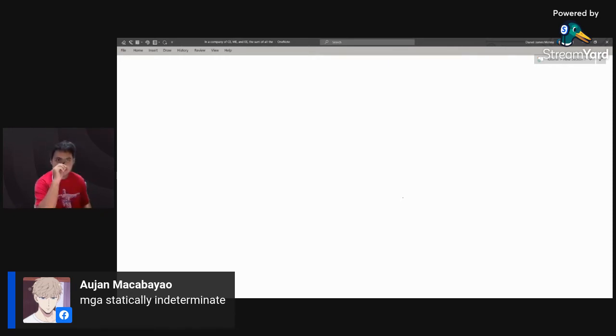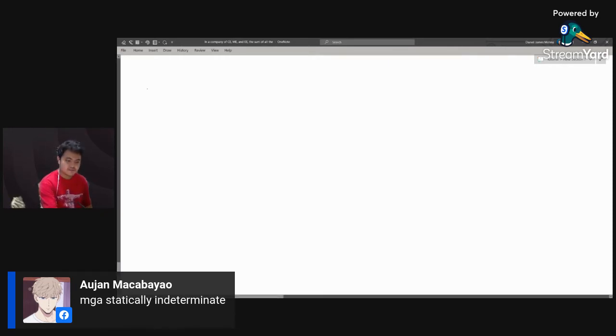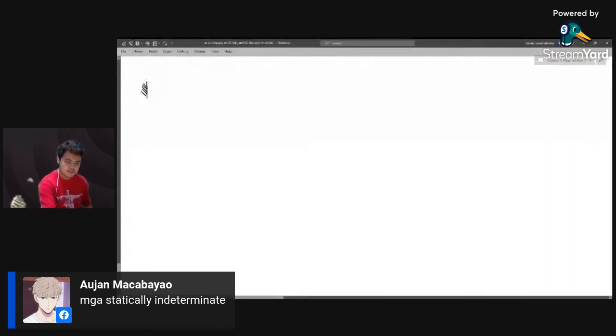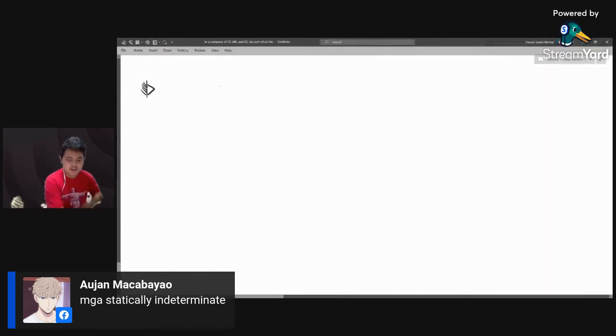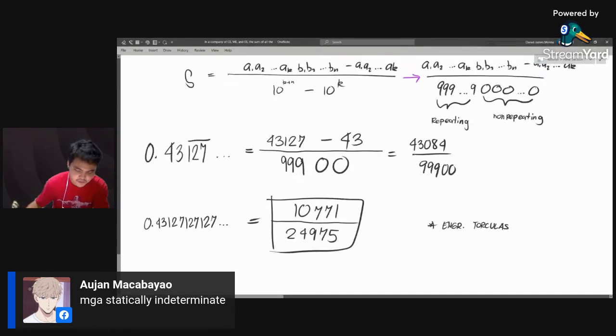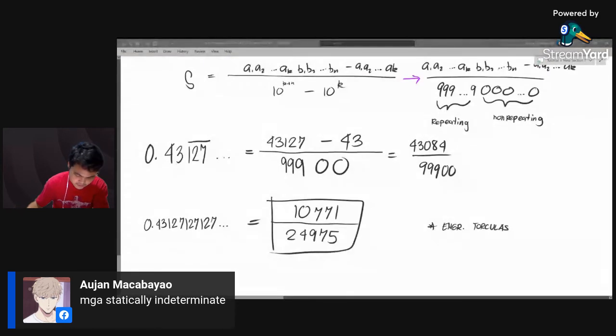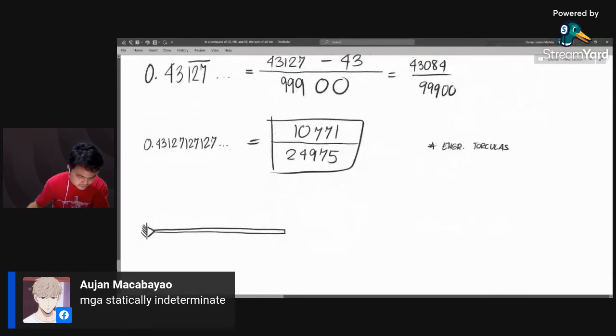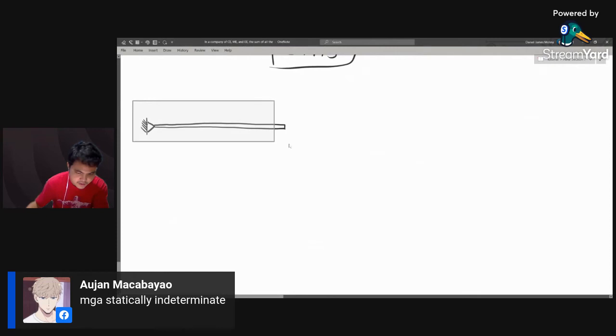Para medyo madali, no? Sige, drawing lang muna tayo kasi yun yung pinakaayaw kong gawin, drawing. Yan. So, baba ko lang ng konti.